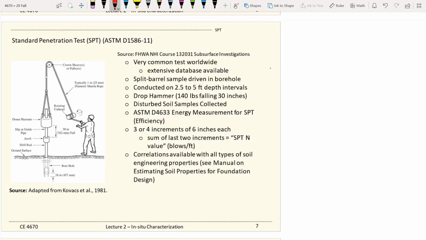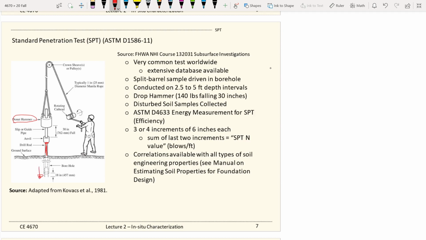Okay, standard penetration test, SPT. The picture here demonstrates the very basic concept of the testing method, where you have a hammer dropping onto a rod that penetrates into the ground. You lift up the hammer and let it drop under gravity, and each time the hammer pounds on the rod, it advances into the ground.